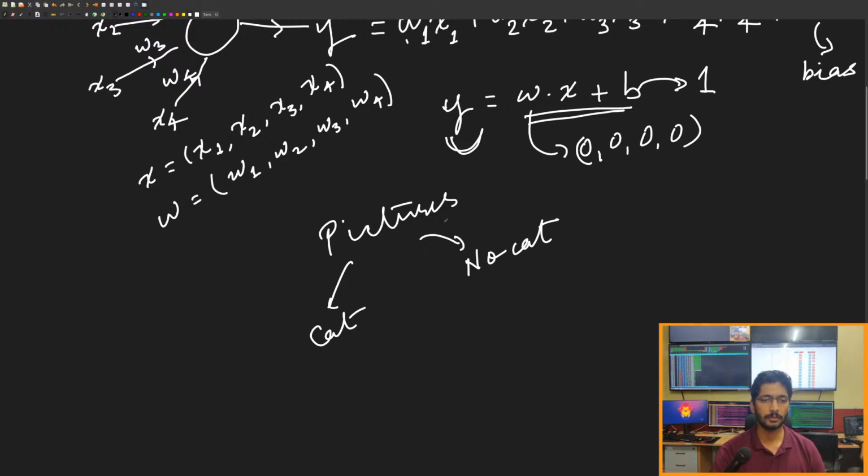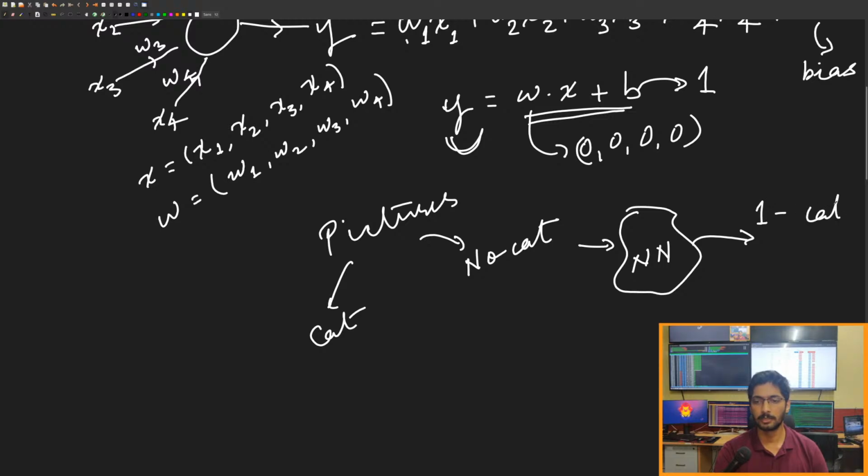So what I want to do is feed the picture. This picture goes inside a neural network, and the output should be something that tells me if it's a cat picture or if it's not a cat picture. So let's say that the neural network gives me 1 if it's a cat picture and 0 if it's not a cat picture.